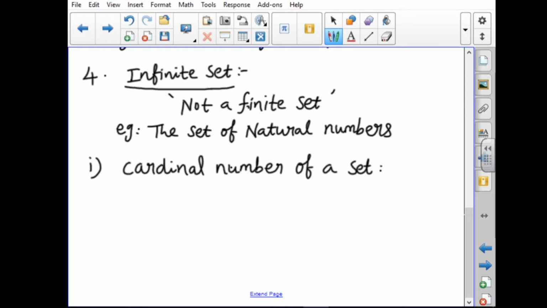For example, we have a set A equal to 7, 9, 10, 12, 16. How many elements are there? We have 5 elements. Cardinal number is denoted by n(A). n(A) is the number of elements of A, that is the cardinal number. So n(A) = 5, and therefore the cardinal number of set A is 5.